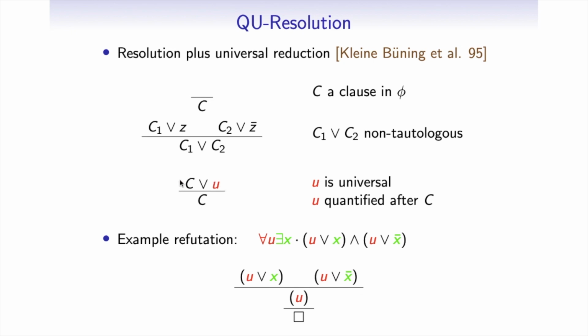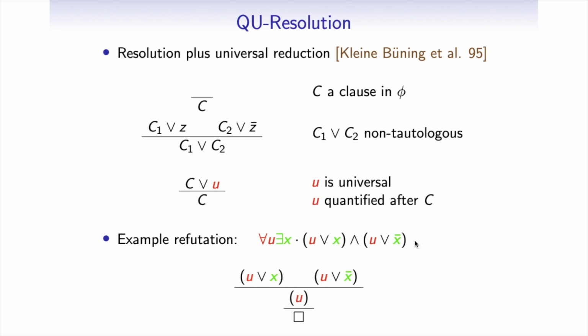Well, if you've got a clause which is C or U, then I can drop this literal U, provided that it's universally quantified, and also that it's quantified after everything else that appears in C. Right, so this literal here must be quantified after all the other literals appearing in the clause, and if so, you can drop it.